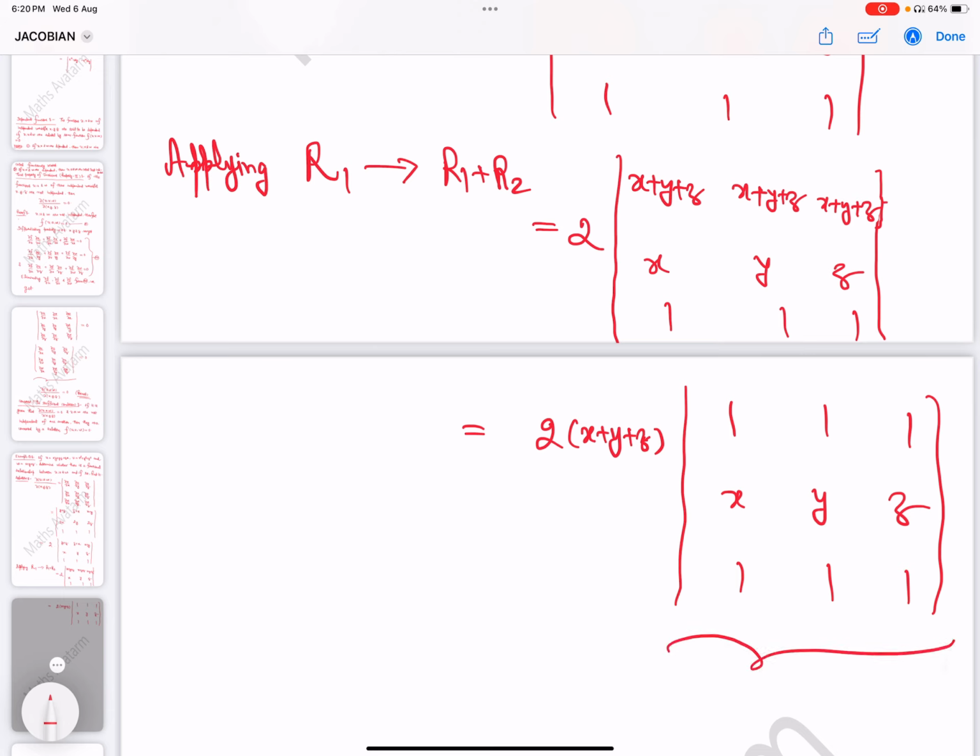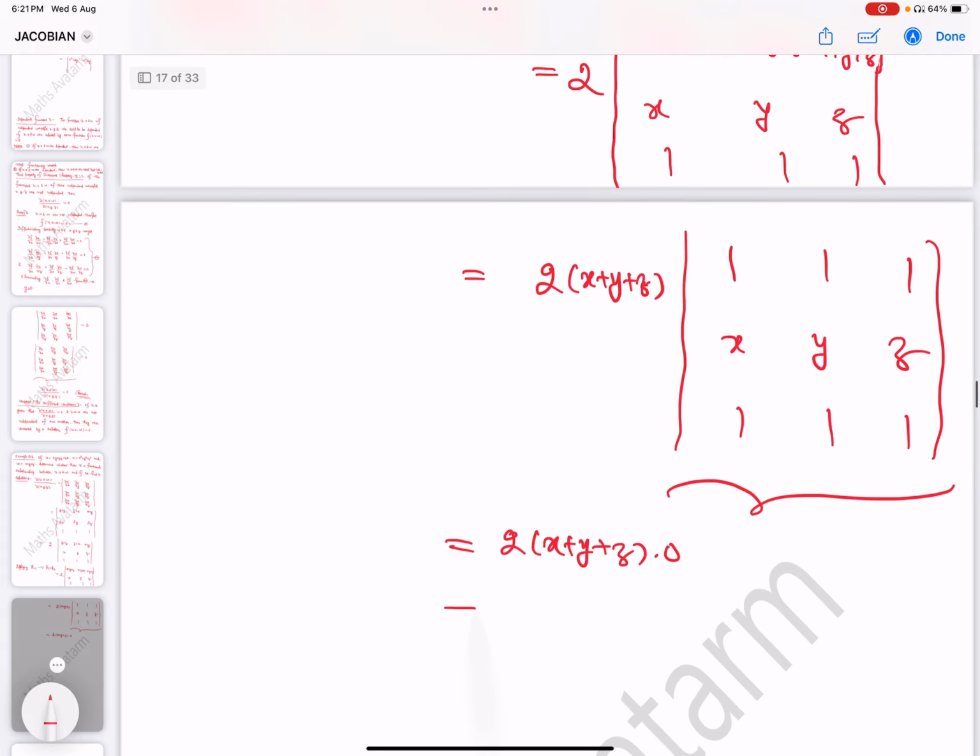So what will be the value of the determinant? 0. 2 times x plus y plus z into 0. So finally we got this is 0.